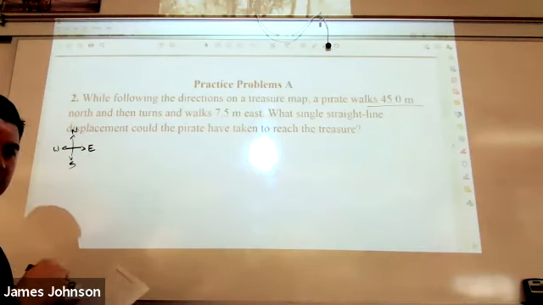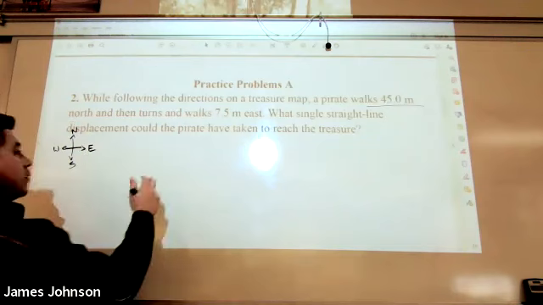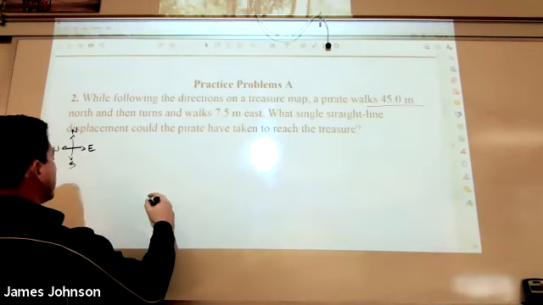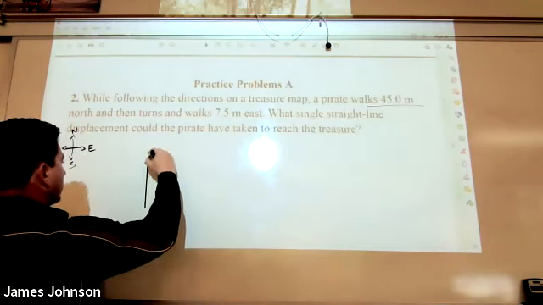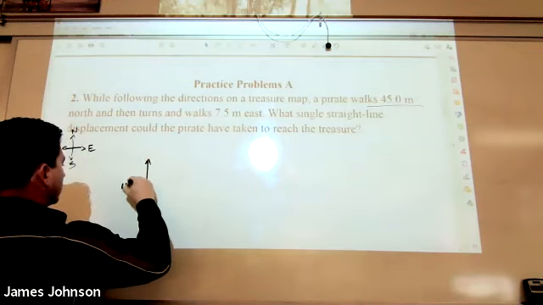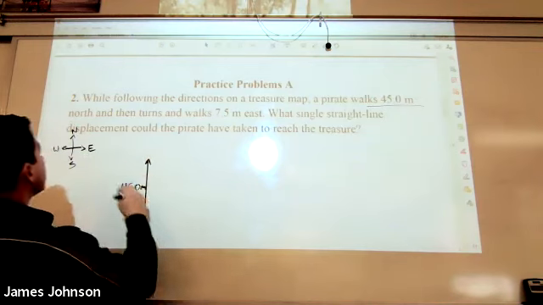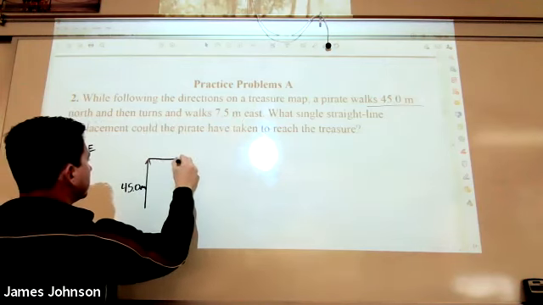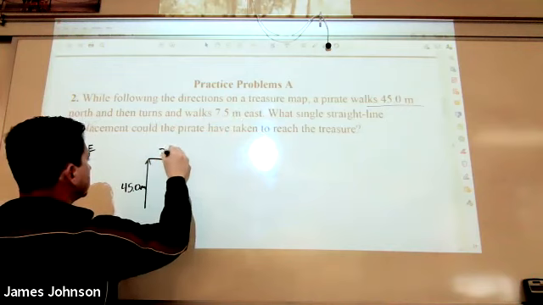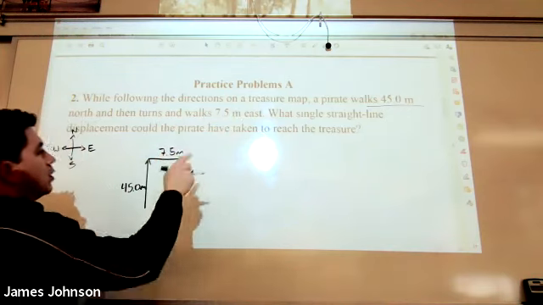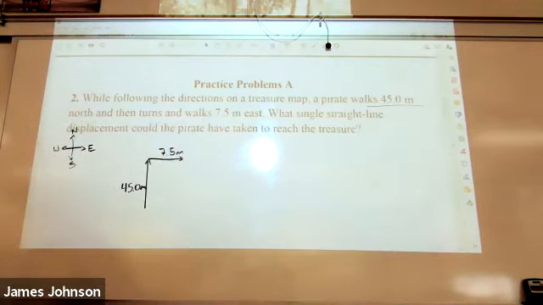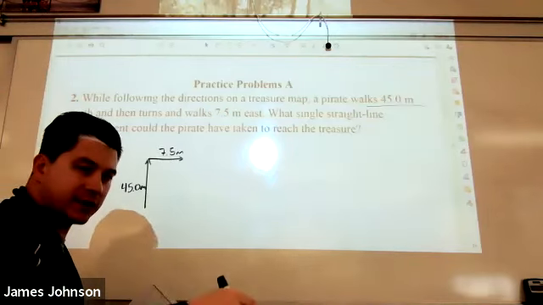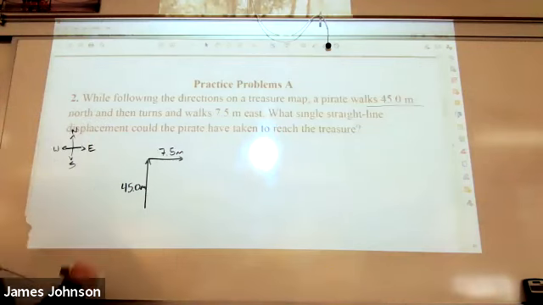That helps me assign sign conventions and therefore directions. Going 45.0 meters north. And then turns and walks 7.5 meters east. What single straight line displacement, again, displacement, magnitude and direction, it's a vector quantity, could the pirate have taken to reach the treasure?